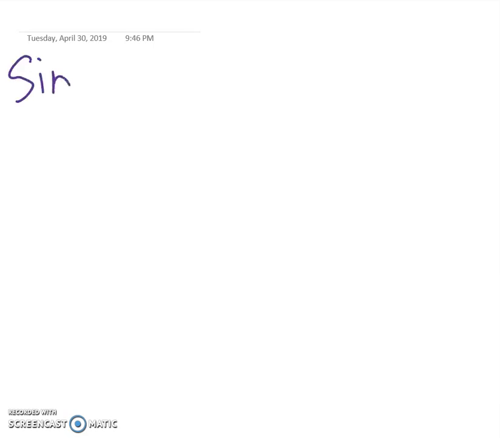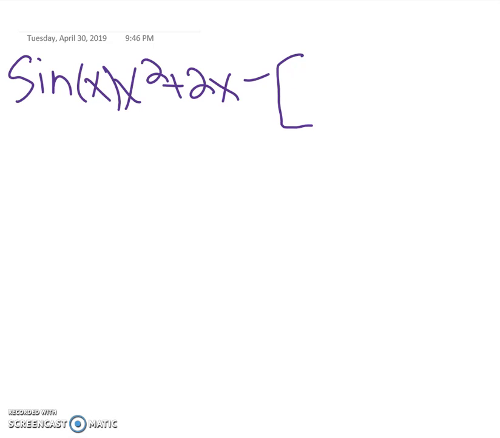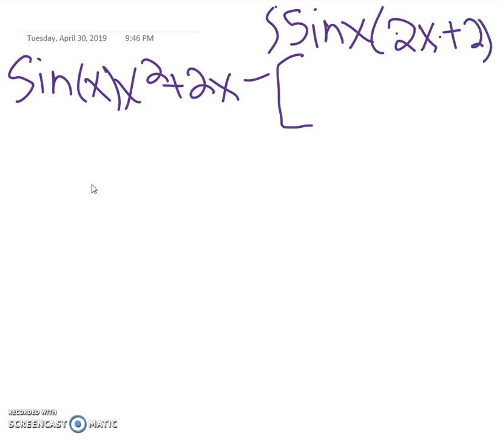So then we have what we originally had, sine x times x squared plus 2x minus, and then this is where we do our integration by parts because we had that integral, I actually forgot what it was. It was sine of x times 2x plus 2. And I'm totally running out of time here.